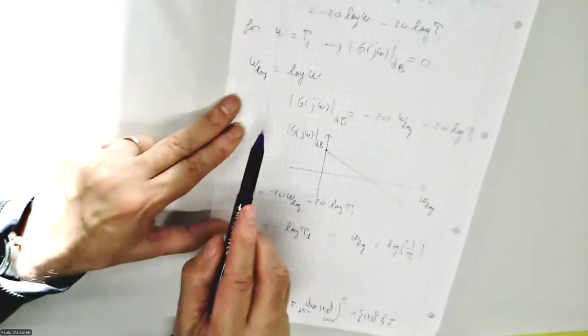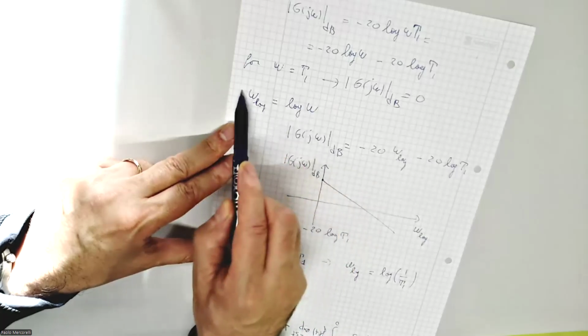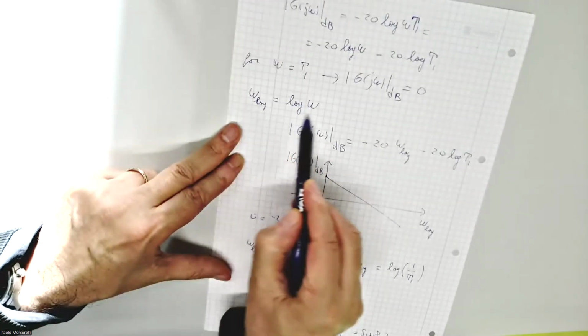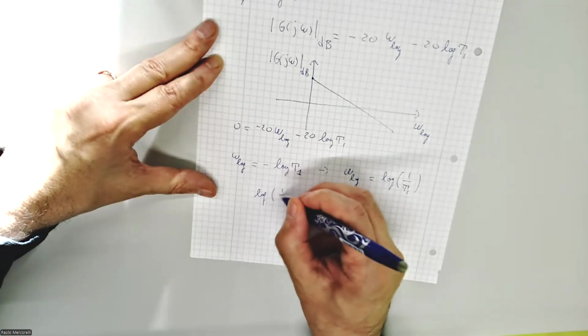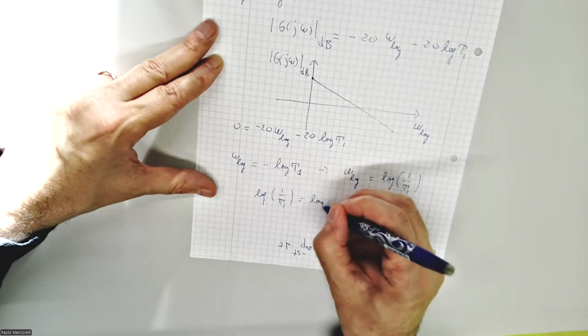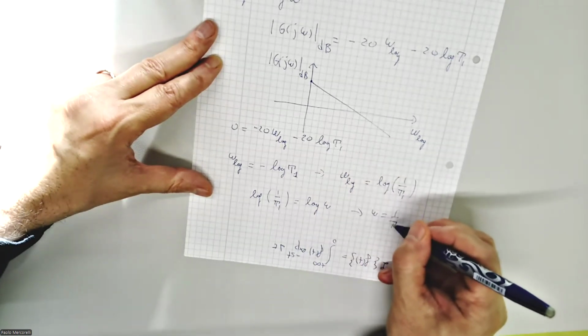Now, if I use this transformation, a little bit tricky, but everything is consequent, I will have log of 1 over T1 equals log of omega. This implies omega is 1 over T1.